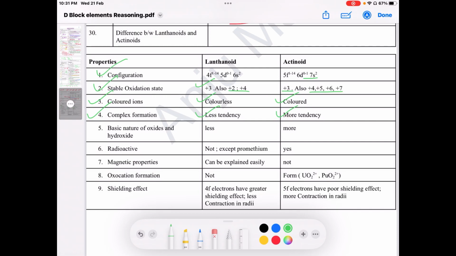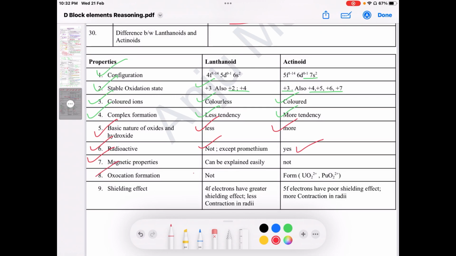Then the next part, basic nature of oxide and hydroxide. Lanthanides are less basic, whereas actinides are more basic. Radioactivity: lanthanides are not radioactive except promethium, whereas all the actinides are radioactive. Magnetic properties of lanthanides can be easily explained, whereas for actinides they are not easily explained because they are radioactive and unstable in behavior.